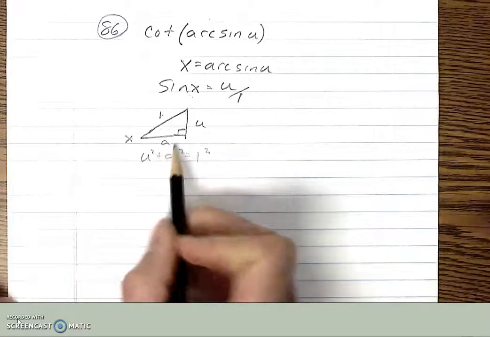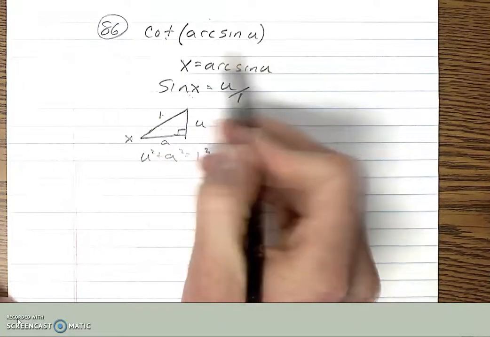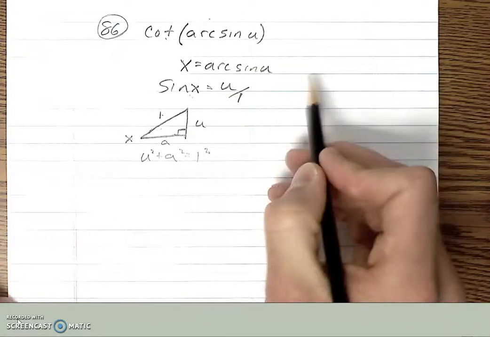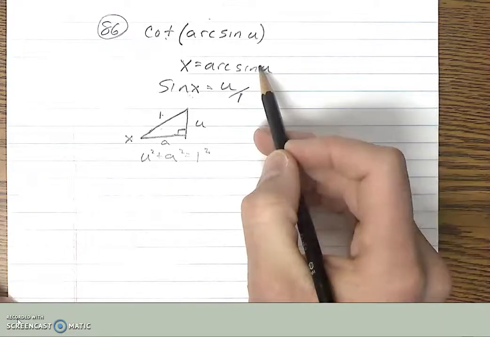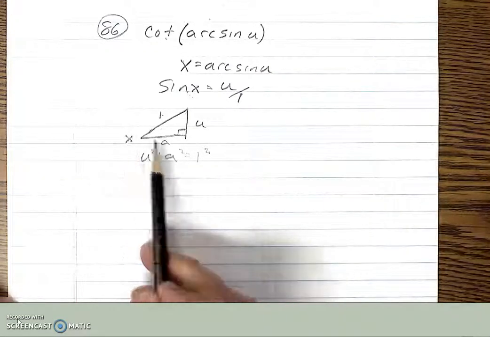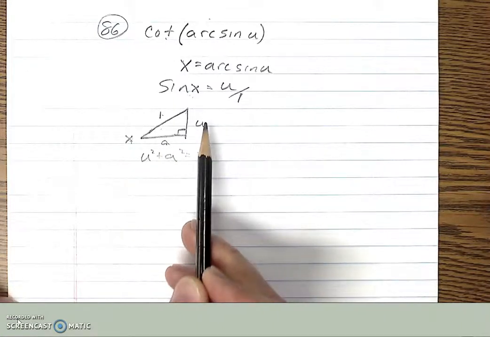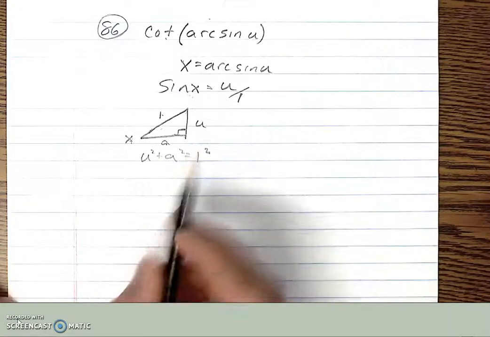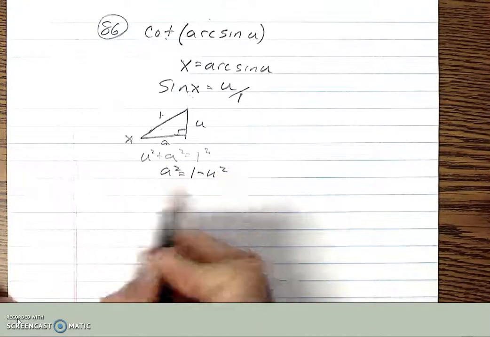And we need to find a because the cotangent of the arcsine of u is actually equal to the cotangent of x. So we can find the cotangent of x by finding what that side is in relation to u. Okay? So a squared equals 1 minus u squared, square root it.